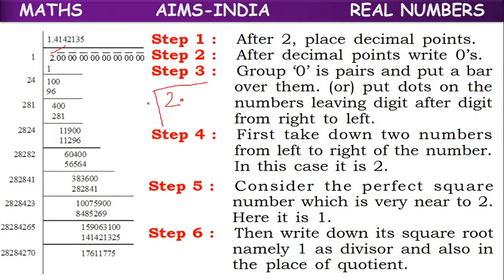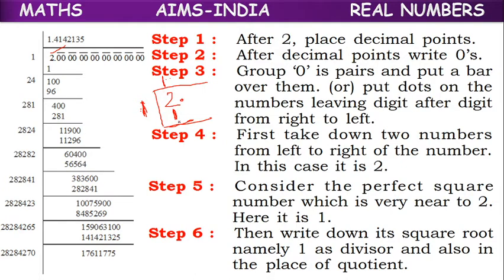We have to divide with a number, the same divisor and same quotient, such that their product should be less than 2. So here we have to take the same number.